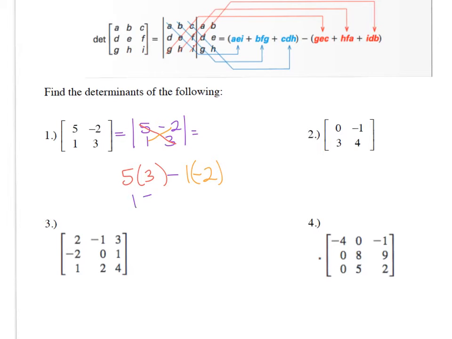So you'll have 15 plus 2, which is equal to 17. So that's your determinant. So for number 2, you're going to multiply 0 times 4, and 3 times -1. You'll subtract those values, so 0 plus 3 is 3.